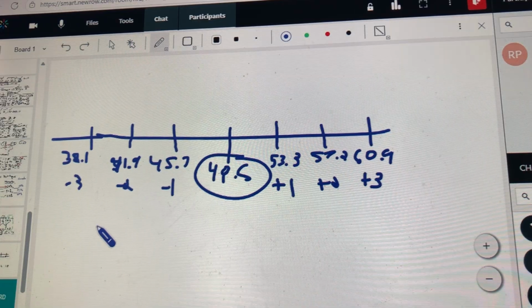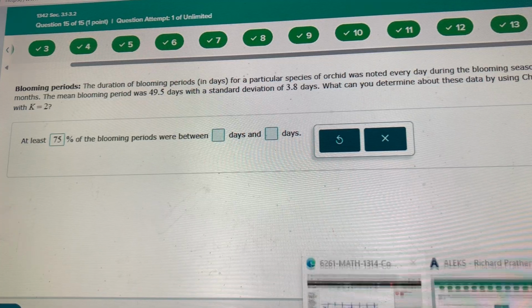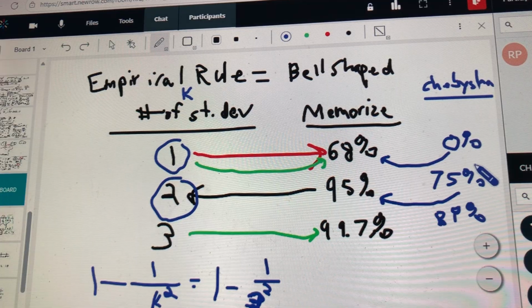So this is the same kind of question. They're going to say what percent is between two numbers, or this given percent is what two numbers. It can be either direction for that question. Here it's saying 75% of the periods were between blank and blank. So I just have to know 75 in Chebyshev's. 75 in Chebyshev's is the same as 95 in the empirical world.